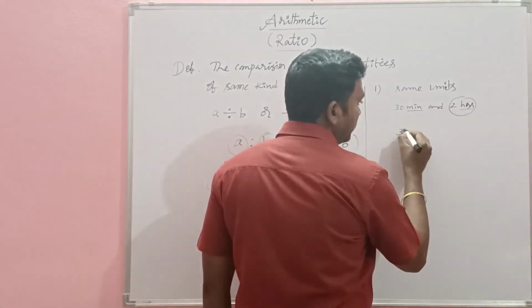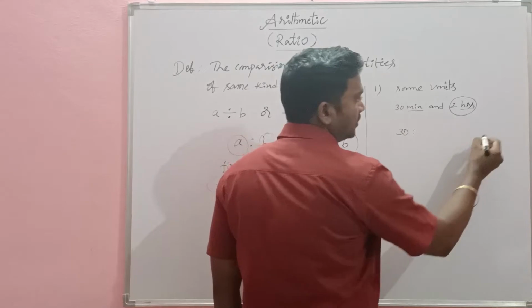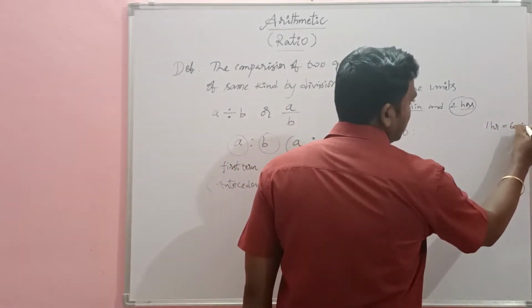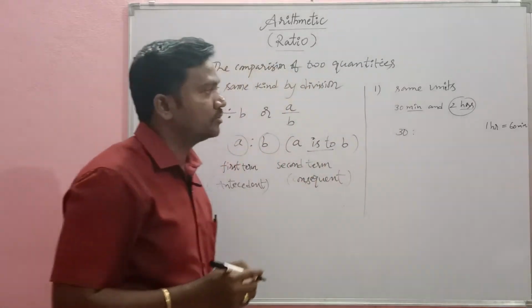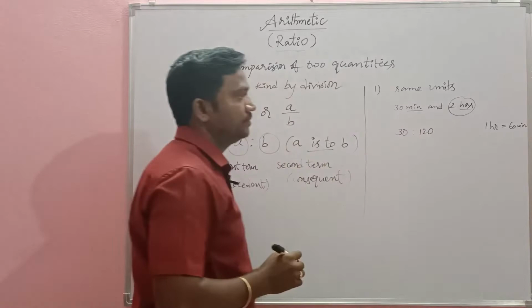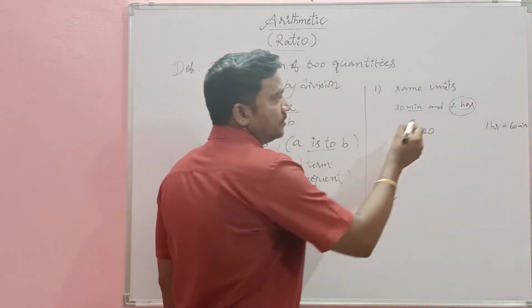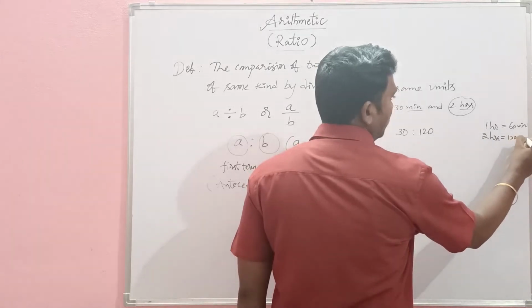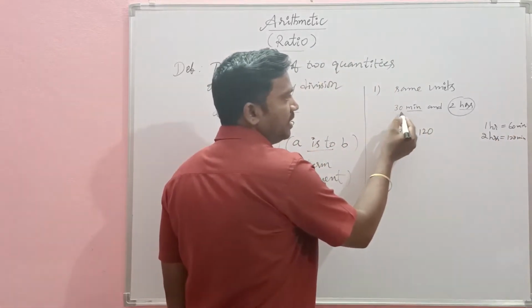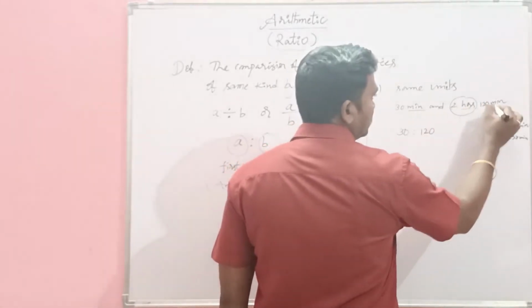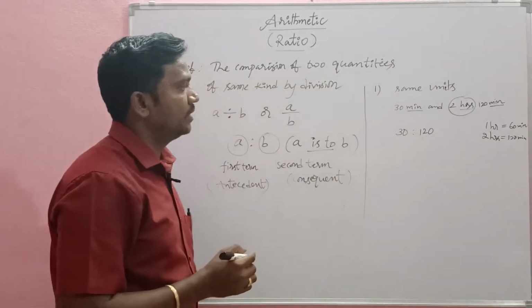So 30 is to 2 hours. We know that 1 hour is equal to 60 minutes. So 2 hours is 120 minutes. Now 30 minutes and 120 minutes, both are in the same units.